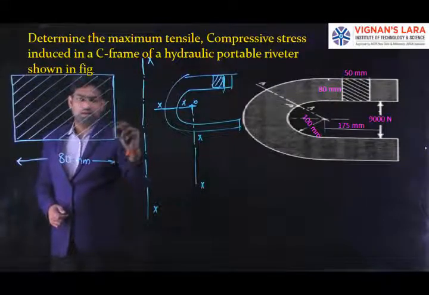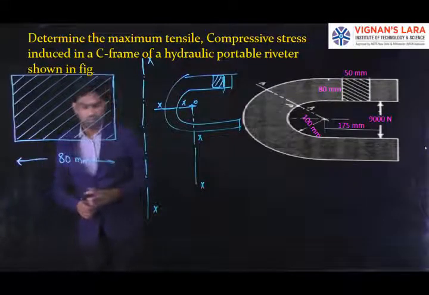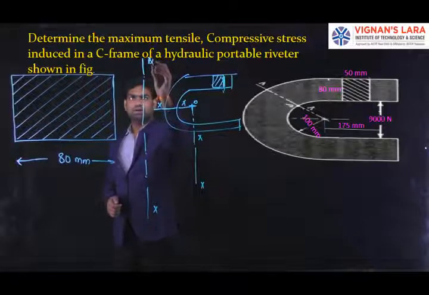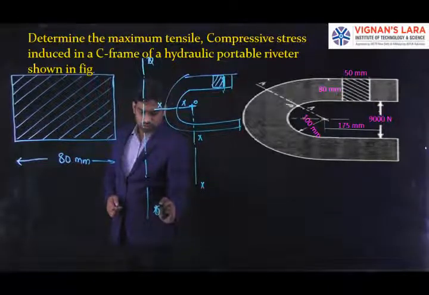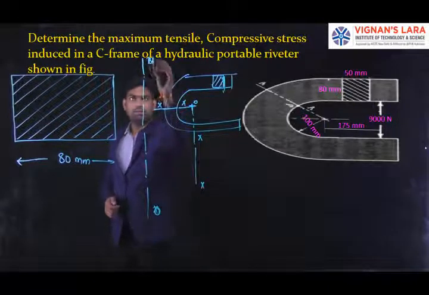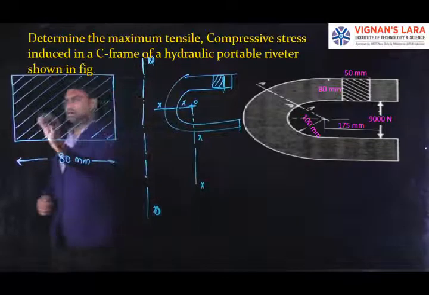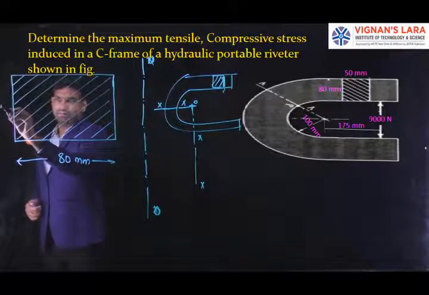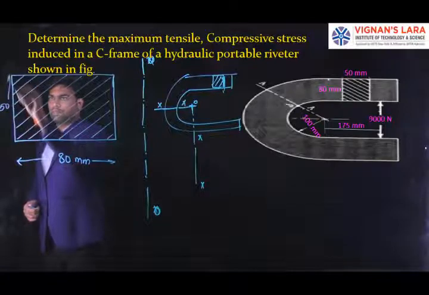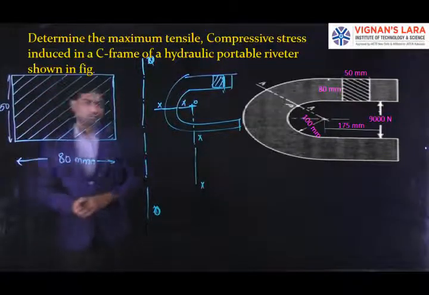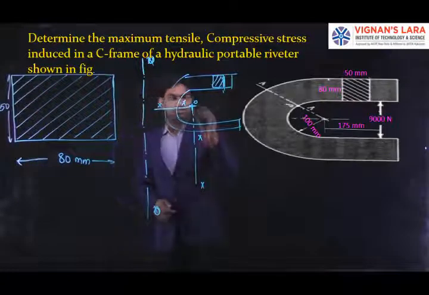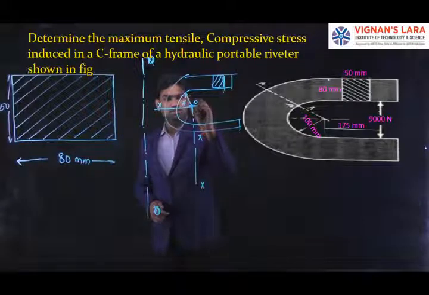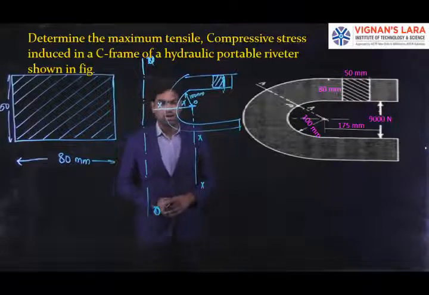So this is the very first step. I can denote the center of curvature line with O, not X. Clear? And the width is given as 50 mm. Along with that, the distance from the center of curvature to the inside of the cross section is given, that is 100 mm.